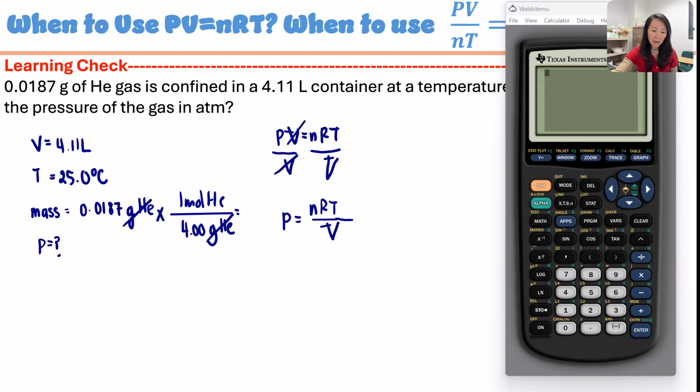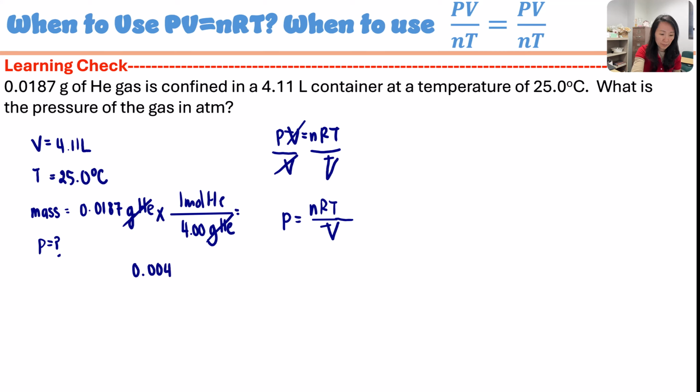So let's calculate it out. 0.0187 times the 1, that's what I'm doing, times the 1. Hit enter, and then divide that by 4.00. That gives me 0.004675. Okay, so I'm going to go up to 3 sig figs, so 0.00468 moles of helium. Now we pretty much have everything.